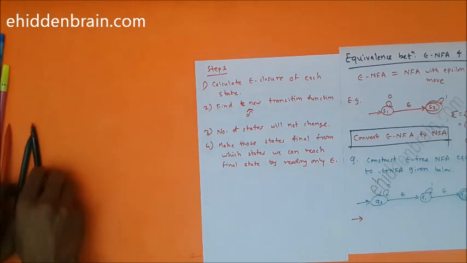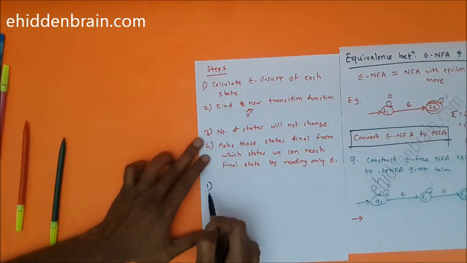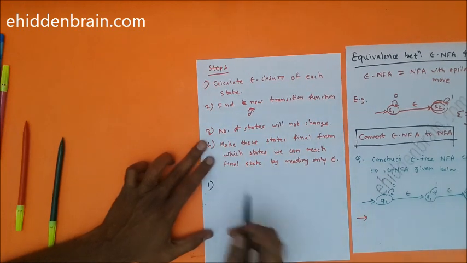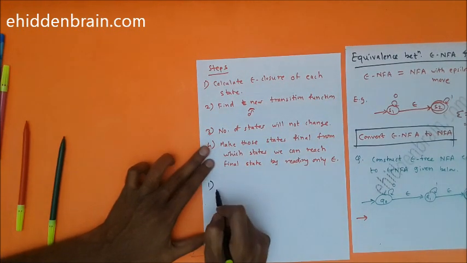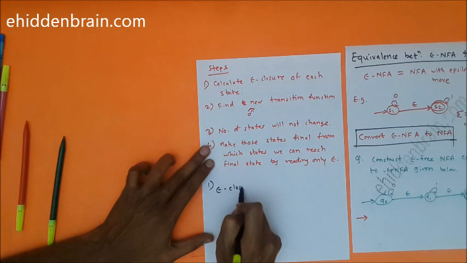What is the first step? The first step is to calculate the epsilon closure of each state. Now what is epsilon closure? Let's define it.